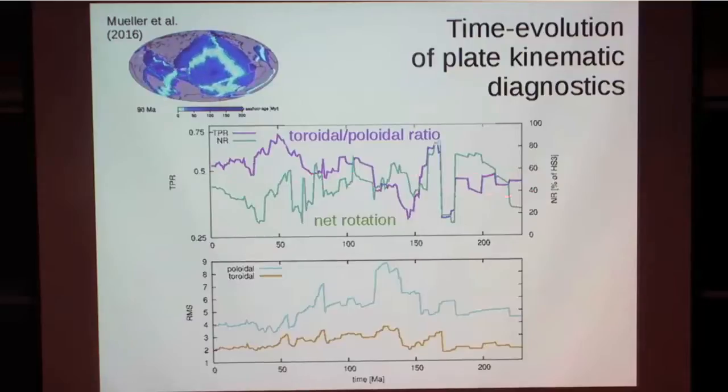But that's interesting. If taking this at face value, there was an episode about 50 million years ago where there was a lot of stirring. And then this ratio of stirring has been fairly low back here. That would say that at 150 Ma, the system was very efficient in getting the heat out compared to the strike-slip motion, right?